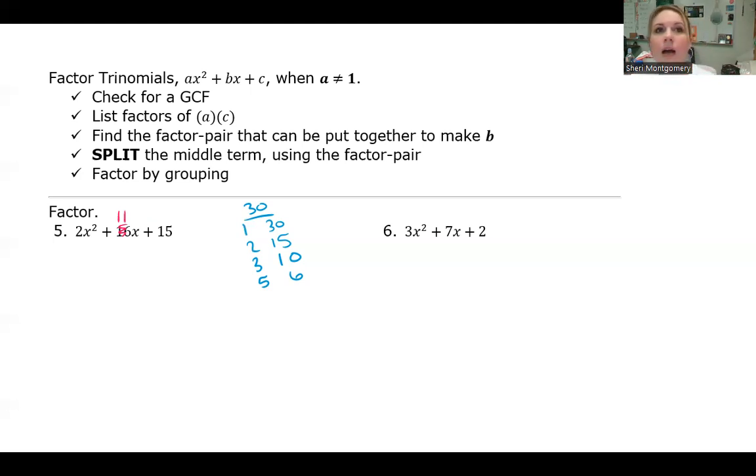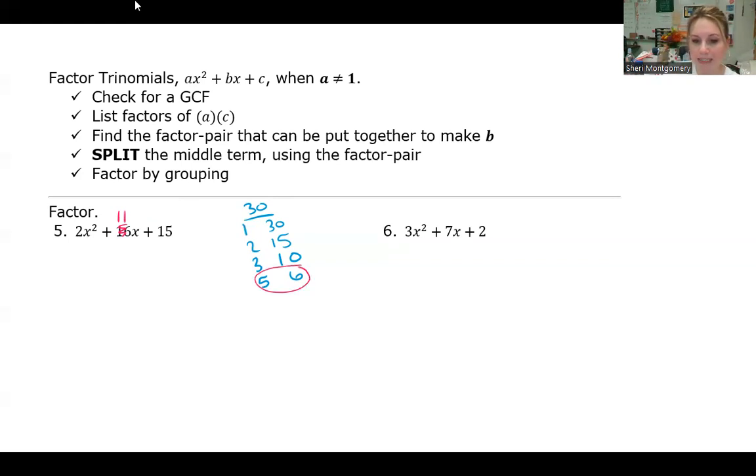I always have to list factors of A times C, which is the same thing we did before, but when it was 1 you didn't really think about it. You just found those factors. So it's A times C, those two numbers. Could any of these pairs be put together to make 11? 5 and 6 could be put together to make 11.